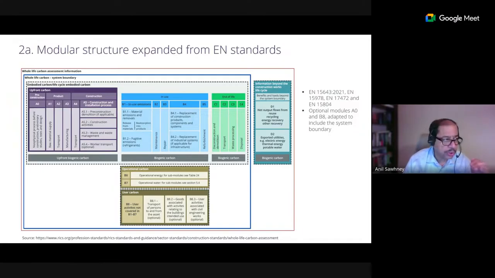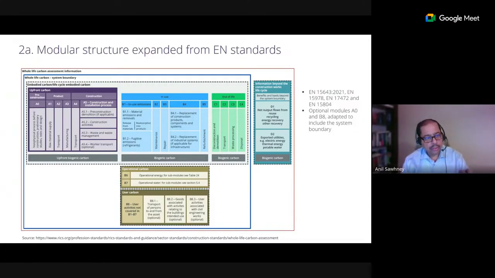B1 is in use emissions. So these are B1.1 material emissions and removals, like from refrigerants. So any fugitive emissions from refrigerants are B1.2. You may have blown insulation. Any emissions caused because of that, released from your construction materials, are generally counted under B1.1. B2 is maintenance, B3 is repair.